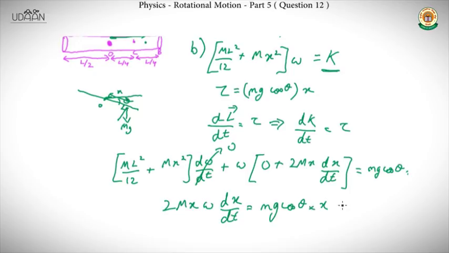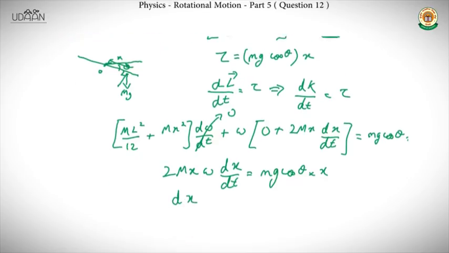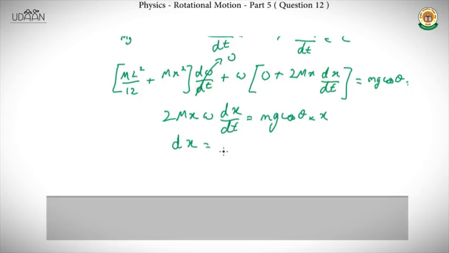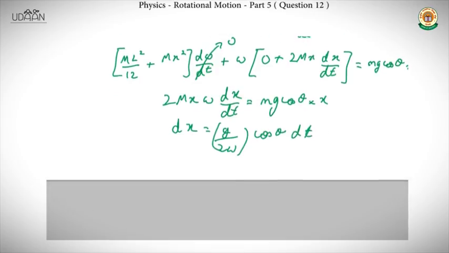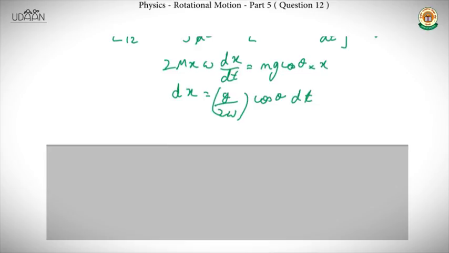From this equation we can get dx equal to g by 2 omega into cos theta into dt. Now we see that theta is equal to omega into t.